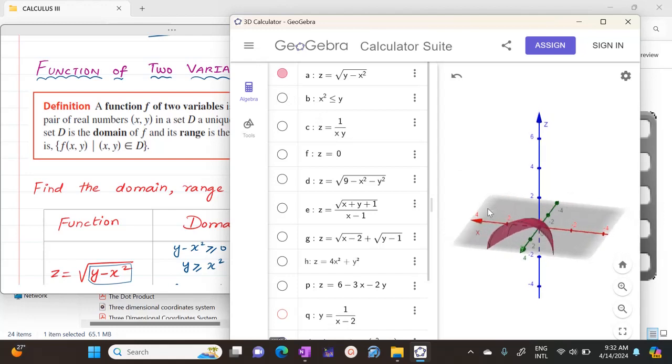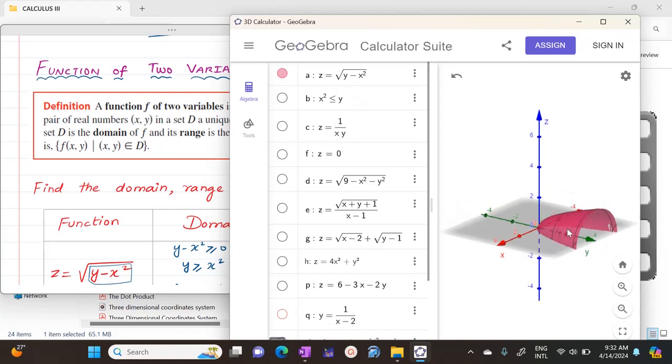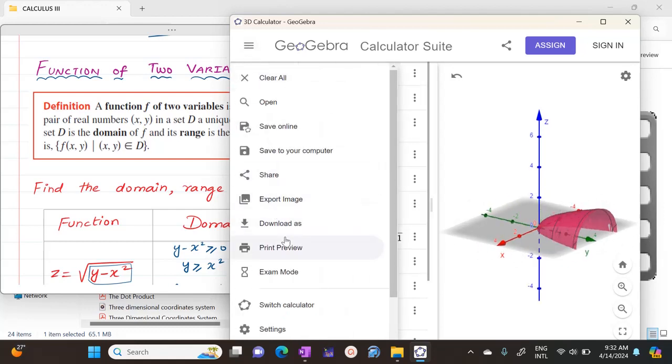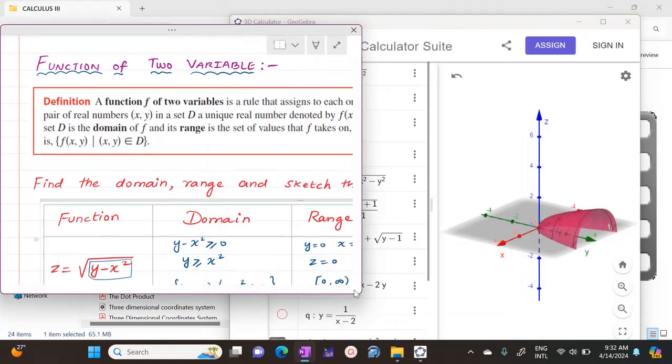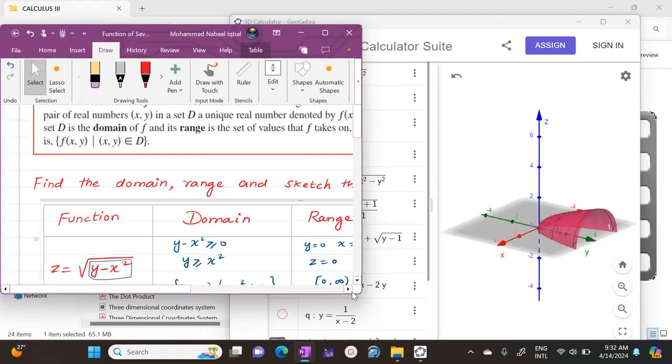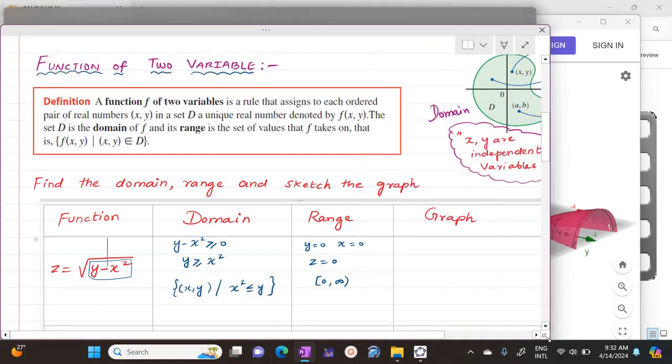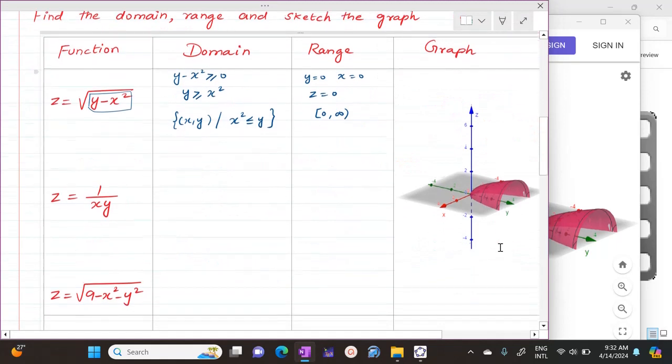So we will paste this graph above here. Export, copy, and here paste.